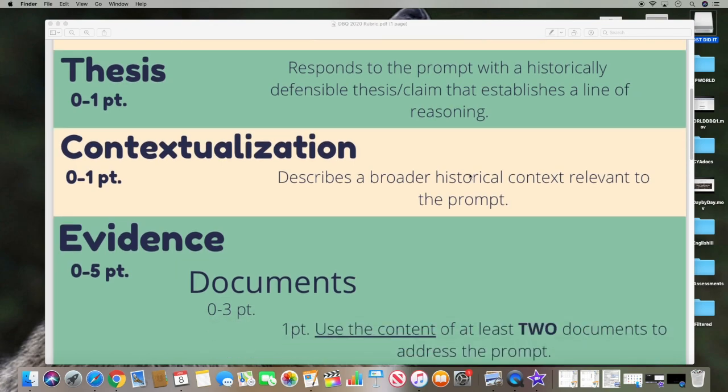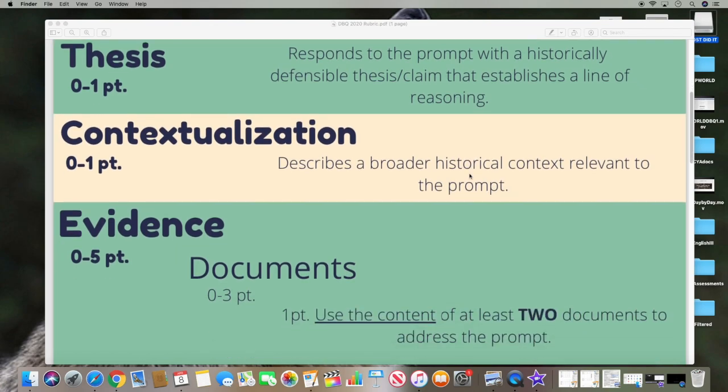Next is contextualization. This is where you describe the broader historical context relevant to the prompt. What does that mean? You want to look at the prompt and figure out what was happening before that. What was going on that enabled this event or this historical development to happen?